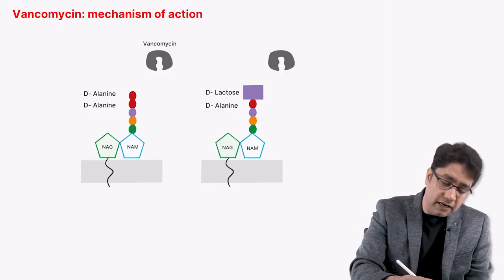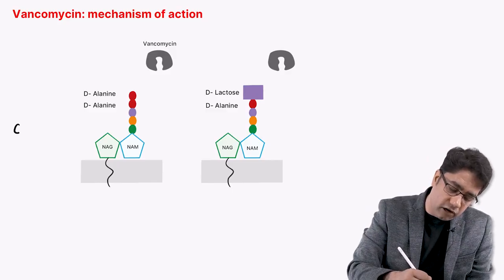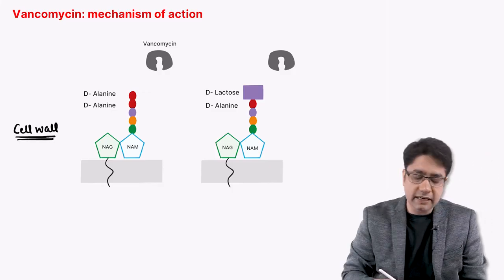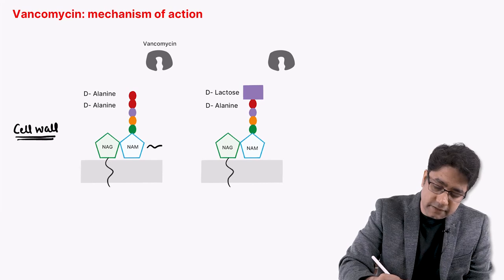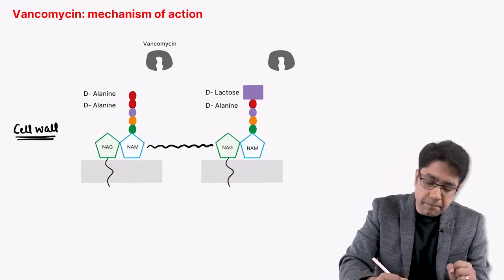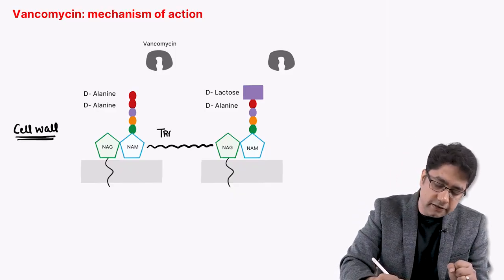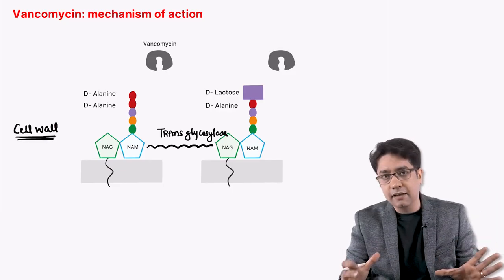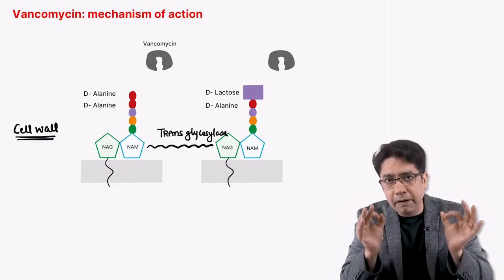So let's see this part. This is a cell wall of a bacteria. And the cell wall of a bacteria contains glycans. And these glycans are linked together by an enzyme, trans-glycosylase enzyme. Now this is the glycan part. Above the glycan we have peptides.